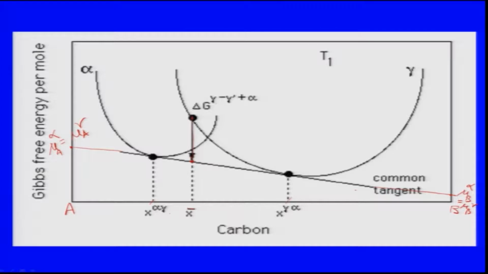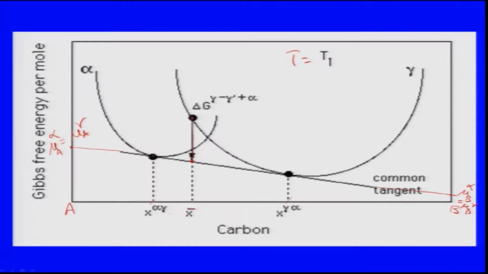Graphically I simply draw a common tangent. Suppose this is the free energy of alpha and this is the free energy of gamma at a temperature T equal to T1, and I draw a common tangent between them, and that common tangent will tell me the stability conditions.